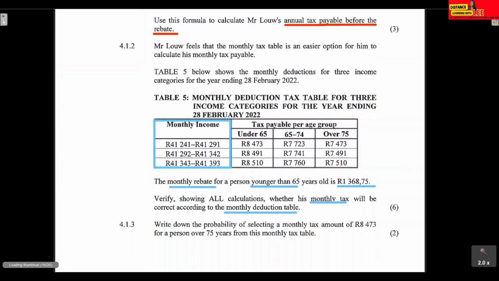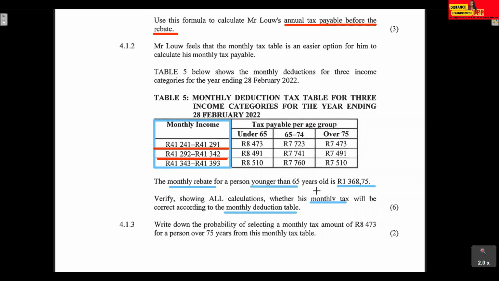Now we want to determine where this income lies when it comes to these monthly income categories that are given to us. Okay, so where does 41,300 lie? Guys, we can see that 41,300 is actually here in our second category. Okay, so it's there. And now we need to determine what is the monthly tax payable that he needs to pay according to his age group.